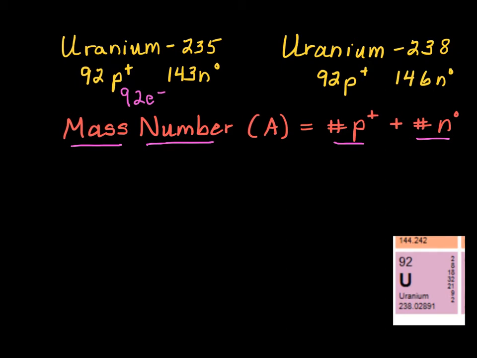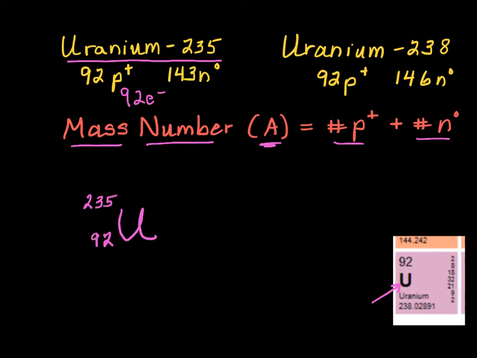This is how you write their name. You write the name of the element, dash, mass number, which is abbreviated with an A. And then write the symbol for uranium. This is what it would look like on the periodic table. Uranium. And on the top left-hand corner, we write its mass number. And on the bottom left-hand corner, we write its atomic number.